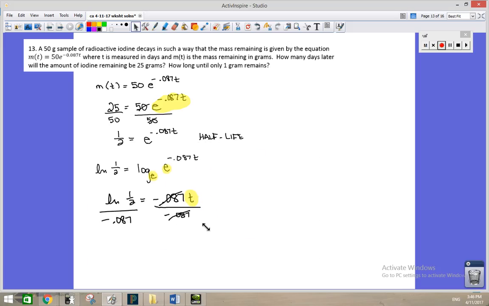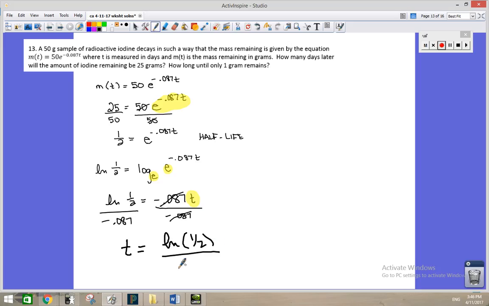And I have t is equal to the natural log of 1/2 divided by this ugly decimal number, negative 0.087. Let's go to a calculator to figure out how many days it'll take for this material to decay to its half-life, to 25 grams.